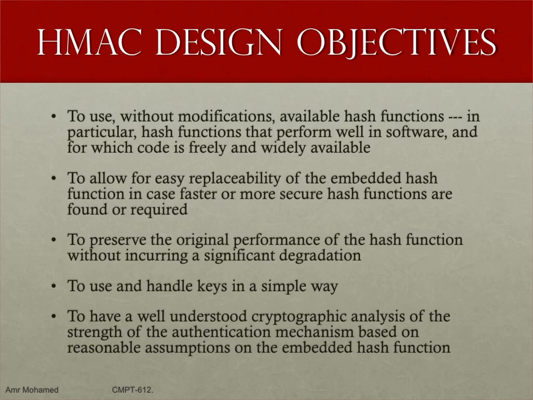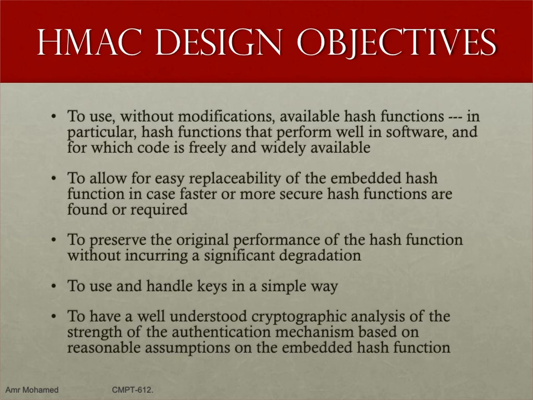The second objective is to allow for easy replaceability of the embedded hash function. So this F function can be replaced. On one hand, this F function makes the analysis of the hashing technique easy. Just by performing one simple equation, we have been able to model SHA-512.